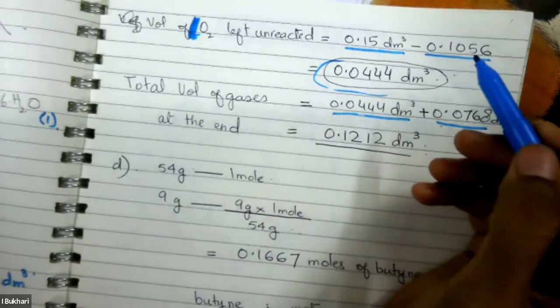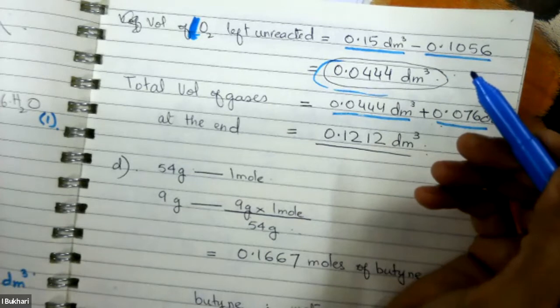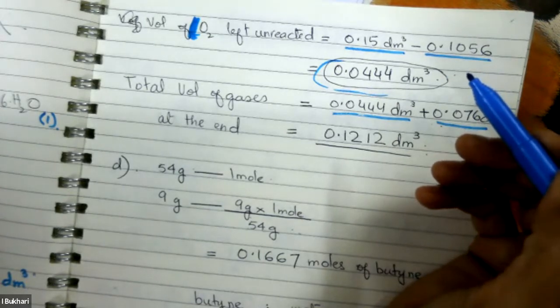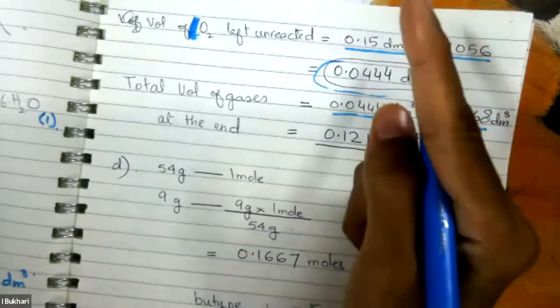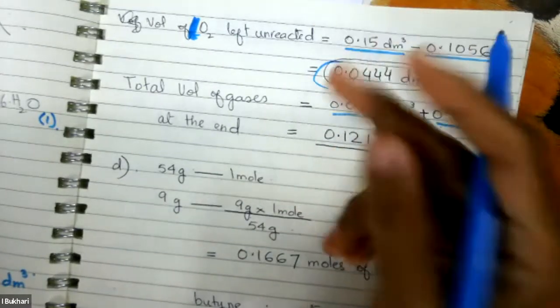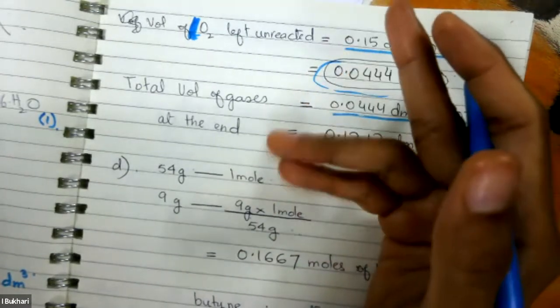Miss, they asked us what was the total volume of gases left at the end of the reaction, but there was only one gas left at the end of the reaction at the product side, carbon dioxide. No, there are two gases left at the end. One is oxygen, which is left unreacted. The other is carbon dioxide, which is produced, both.